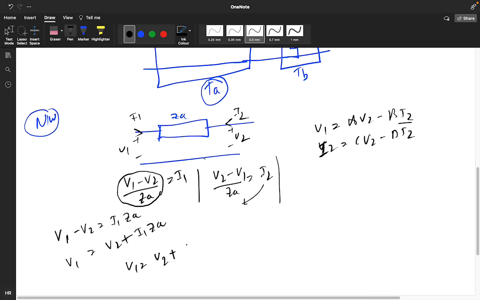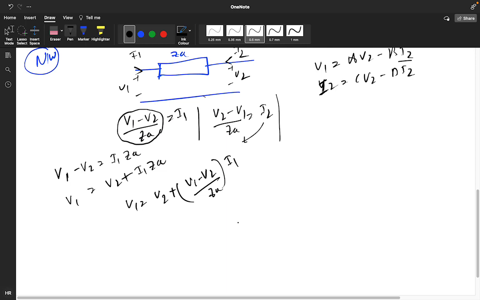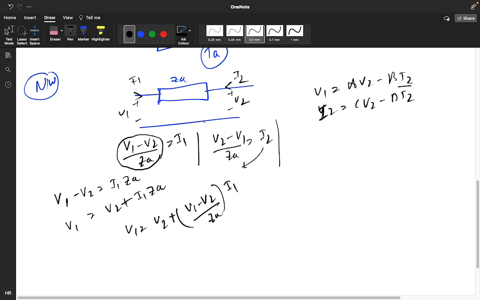Just put the value of I1 in this, so you will get V1 minus V2 by ZA, and this is I1. But you need to get the relations between them. First try this: V1 is equal to, take V2 common, and this particular one is ZA. I'm really sorry, I made some mistake here.